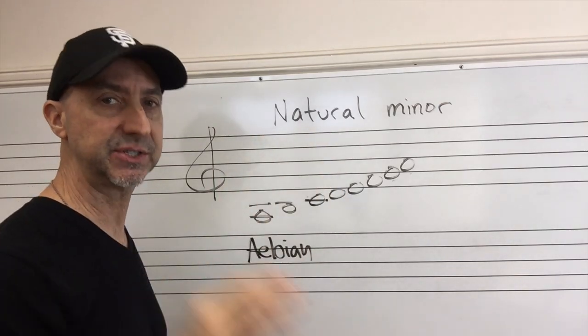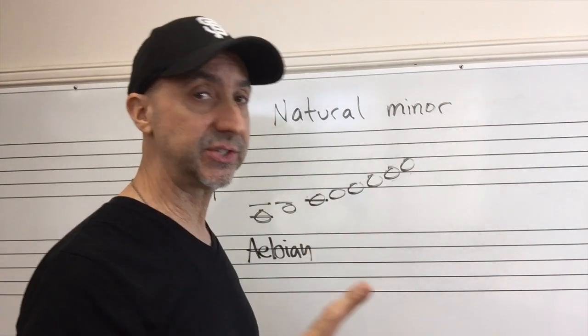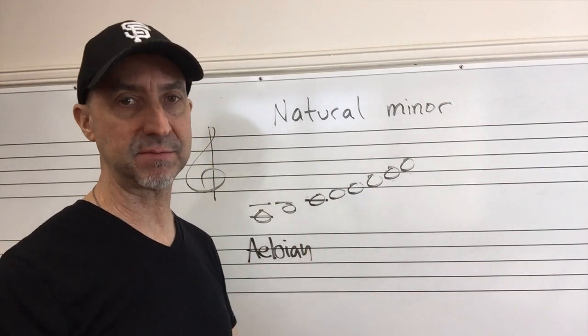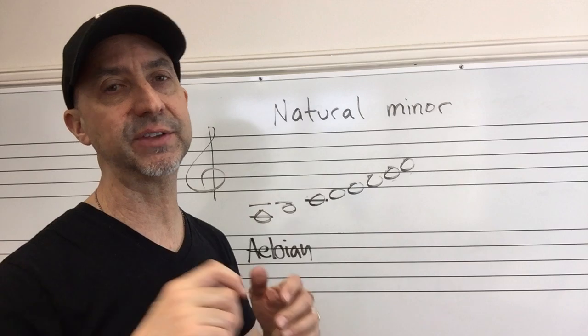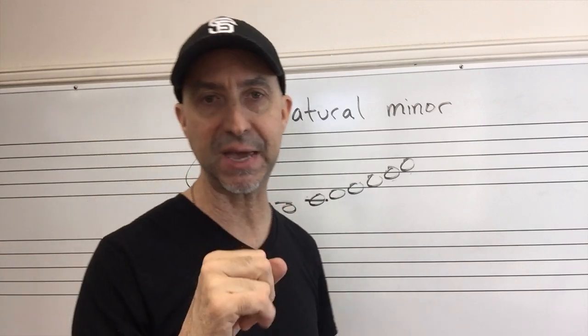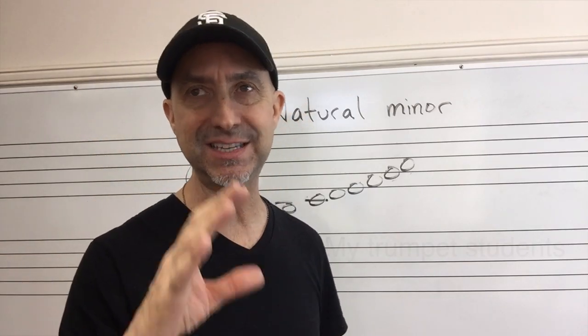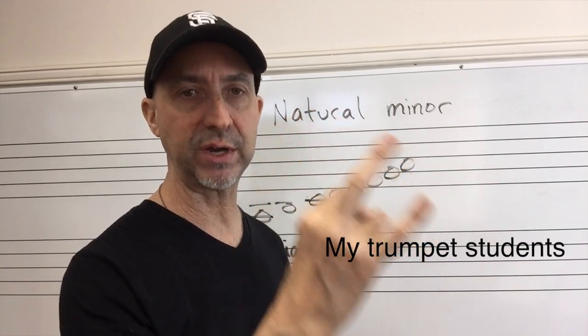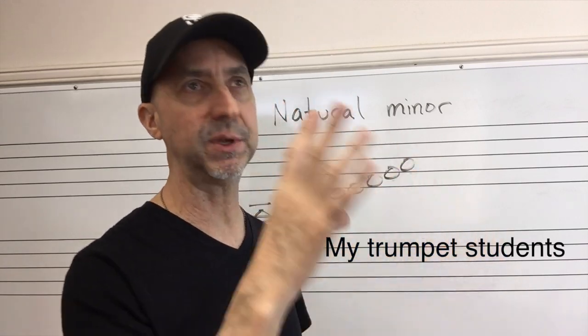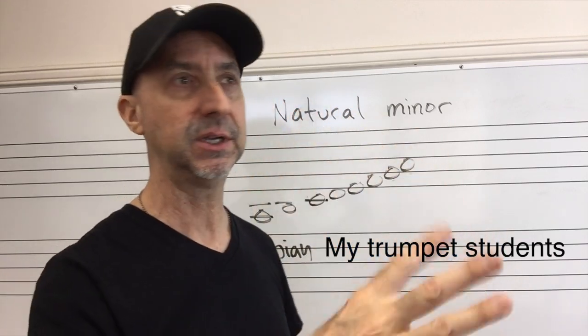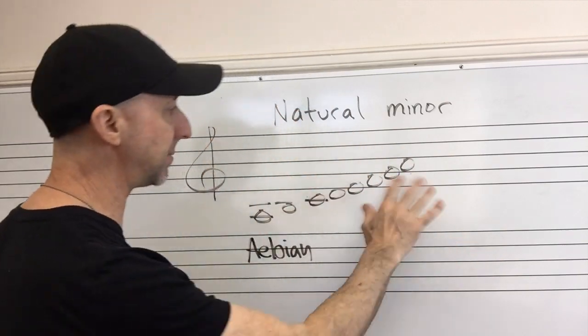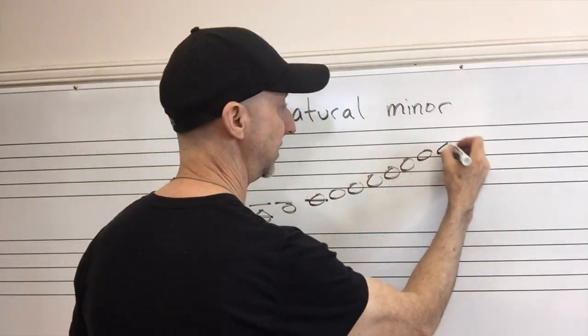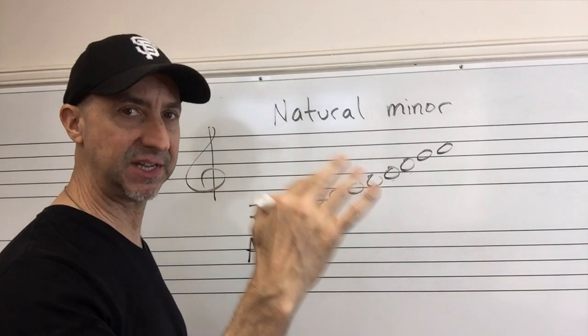Here's another thing that I'm finding that a lot of my students are doing. They're memorizing their scales by fingering patterns. For them, a C major scale is open, 1 and 3, 1 and 2 first, open, 1 and 2 second, open. So they're not memorizing scales, they're memorizing fingering patterns.